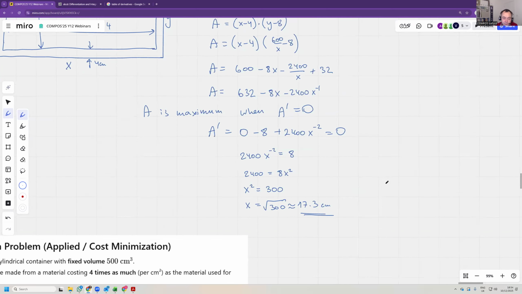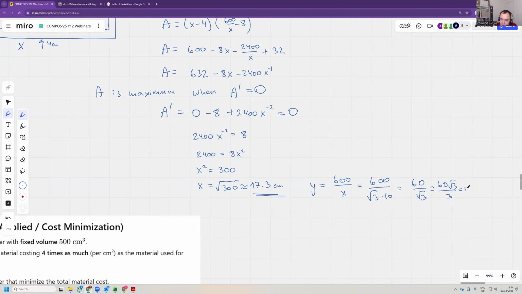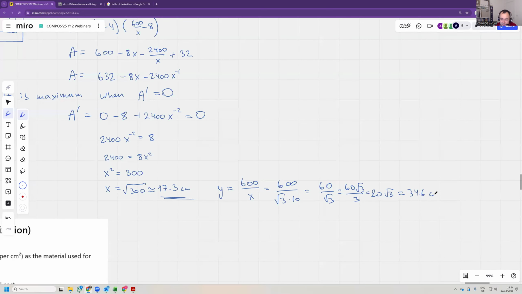And y is 600 divided by x, which is 600 divided by square root of 3 times 100 times 10, which is 60 divided by root 3, which is 60 root 3 over 3, which is 20 root 3, which is approximately 34.6 centimeters. 20 root 3 indeed is 34.6.